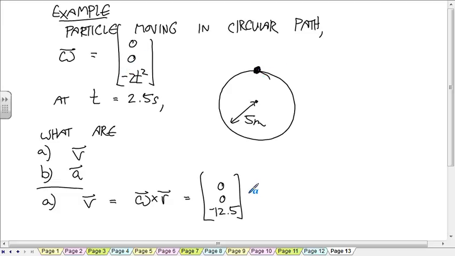And at this location, what's the r vector? I guess I didn't give a coordinate system, but it's 0, 5, 0. So take that cross product, and you get the vector 62.5 meters per second, 0, 0.